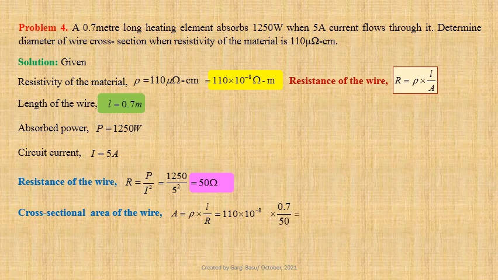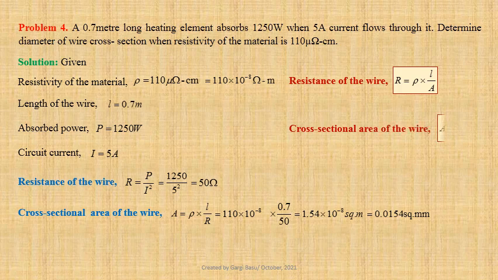That gives us 1.54 into 10 to the power minus 8 square meter or 0.0154 square millimeter. Expression for cross-sectional area of the wire A equals pi by 4 into d square.